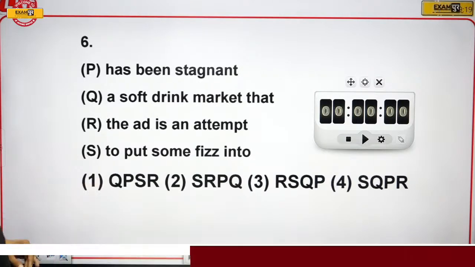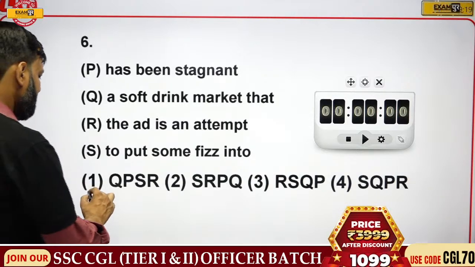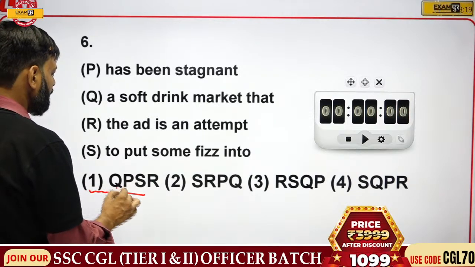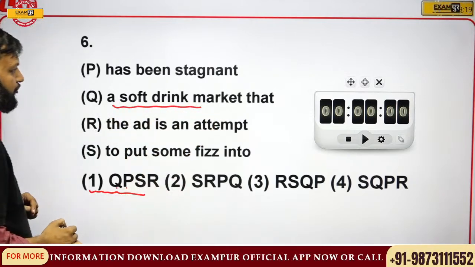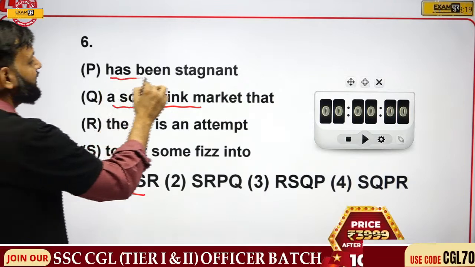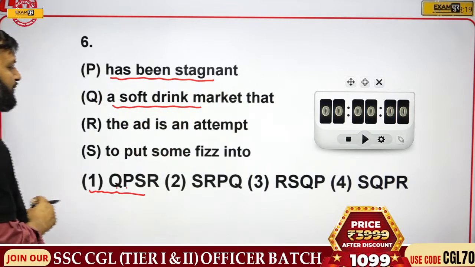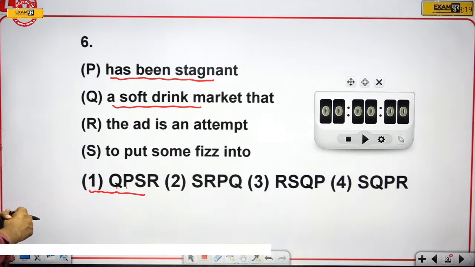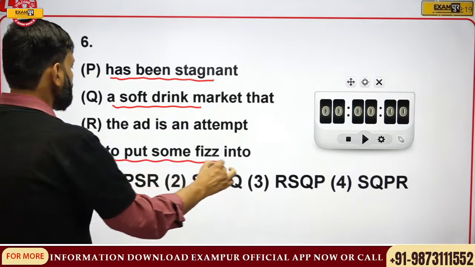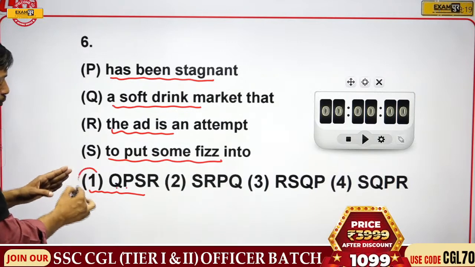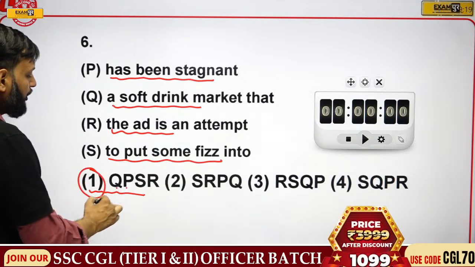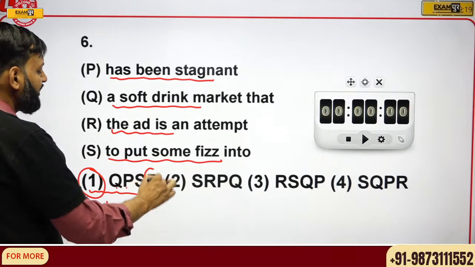If we see this option here, Q is followed by P. A soft drink market that has been stagnant, to put some fizz into. The ad is an attempt. So according to the first option, R is the last sentence.